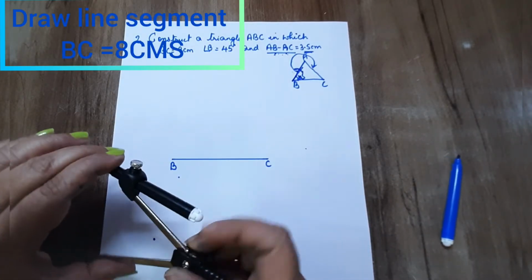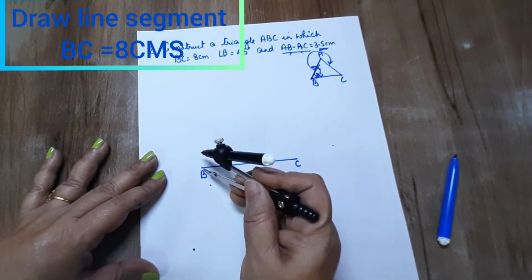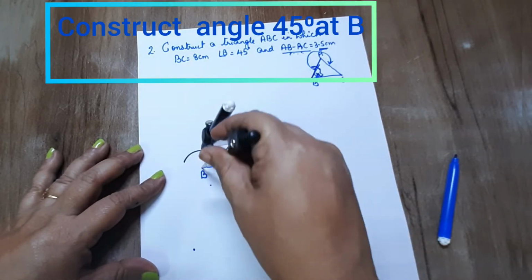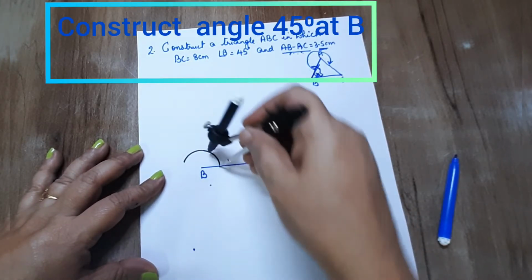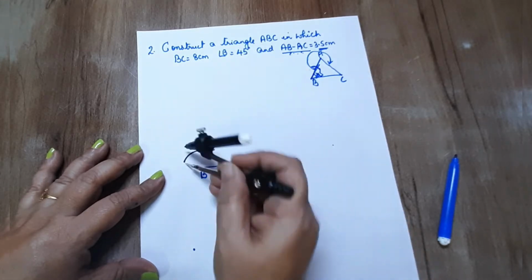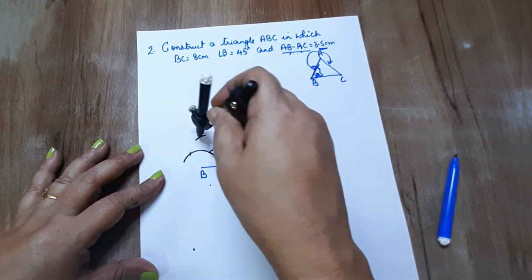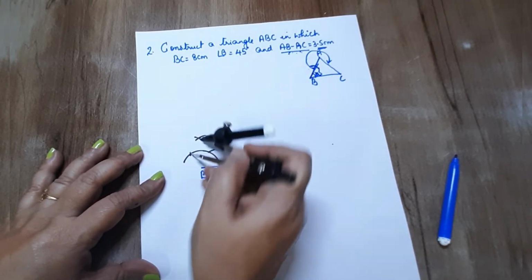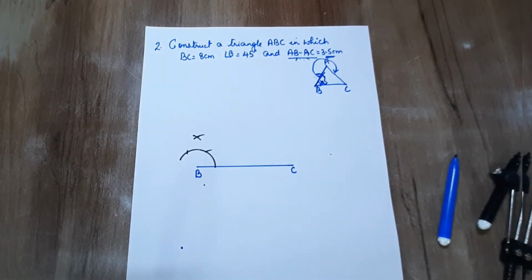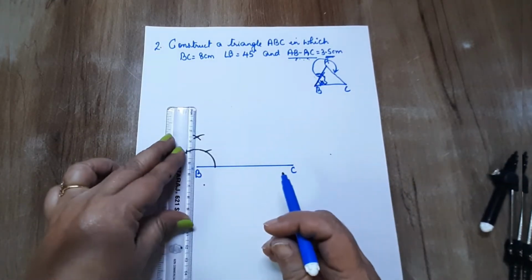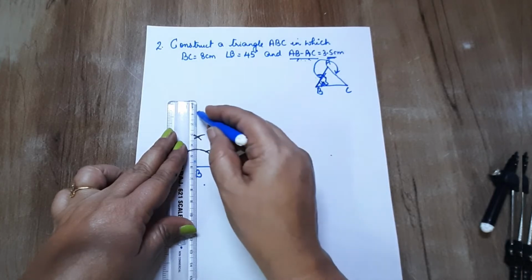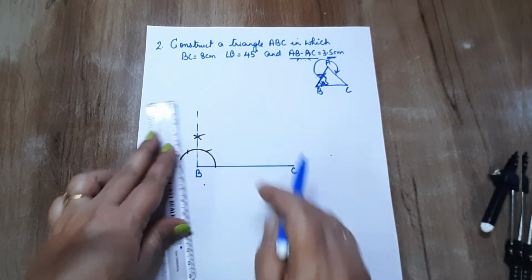Check out. First I'll construct 45 here. For 45, 90. First cut top, from first, second here. This is not the main line, so I'll just give a dotted line.